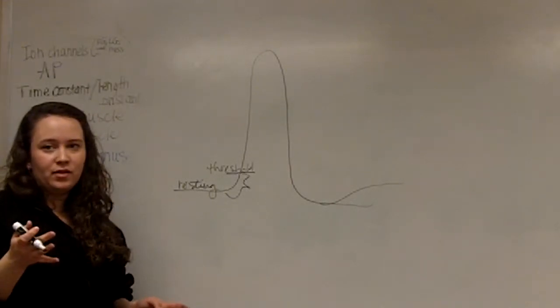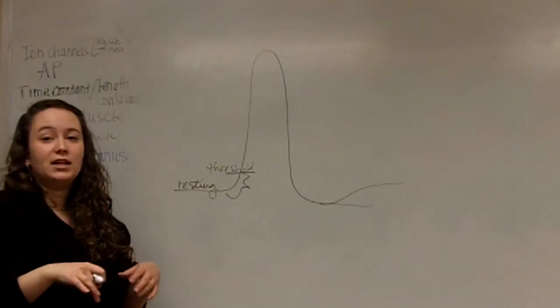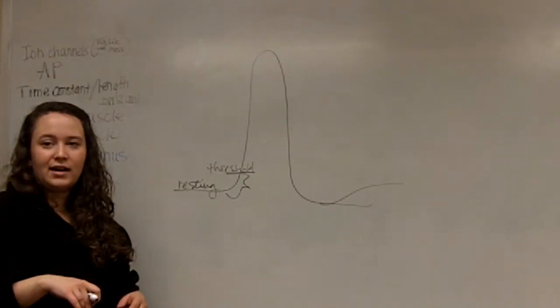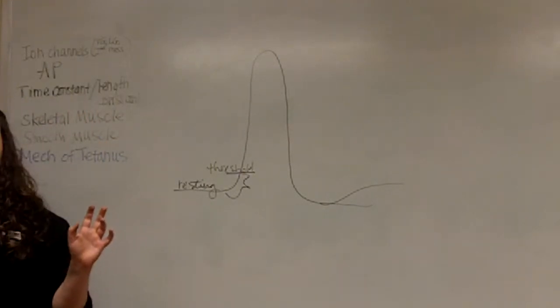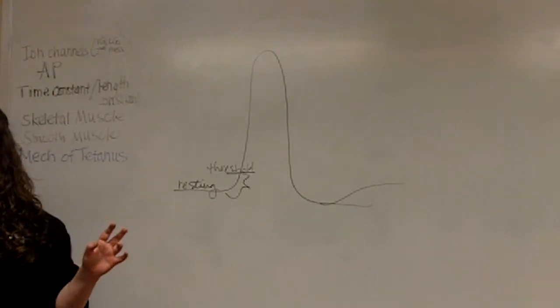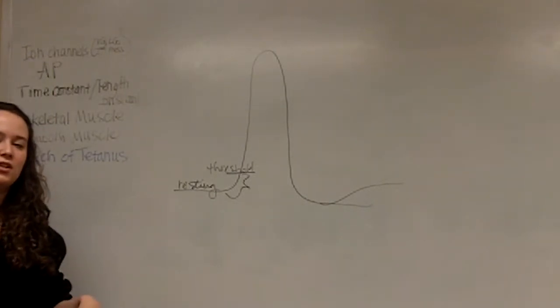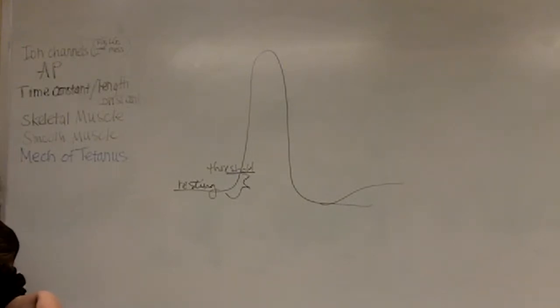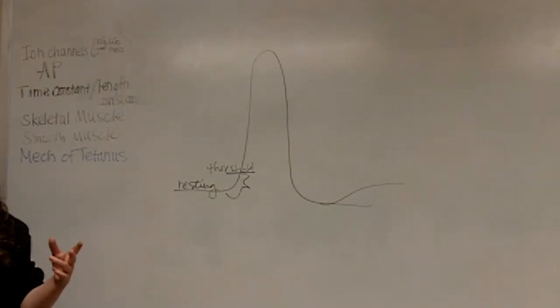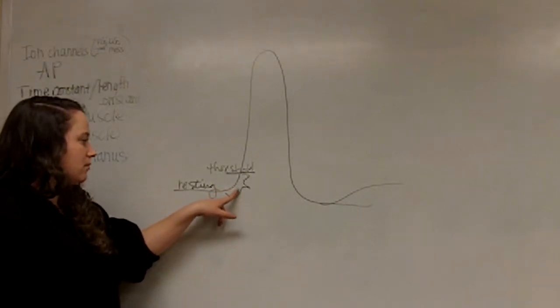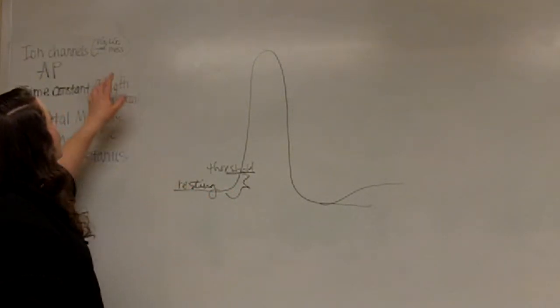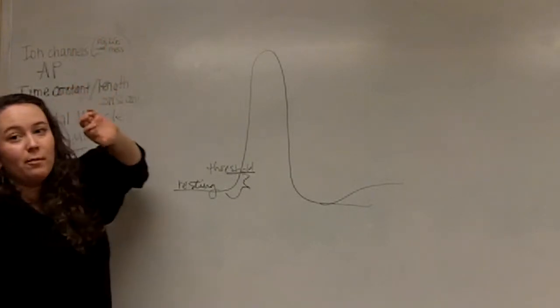It's caused by the leak channels, by things moving in and out, just natural kind of stuff. Or when neurons are communicating with each other, there's depolarization and it's sending stuff to the next neuron. It depends on whether you're looking from the presynaptic or the postsynaptic side. So this could be caused by voltage gated, I guess, but it's probably caused more by ligand gated.